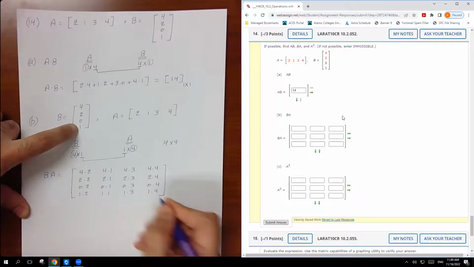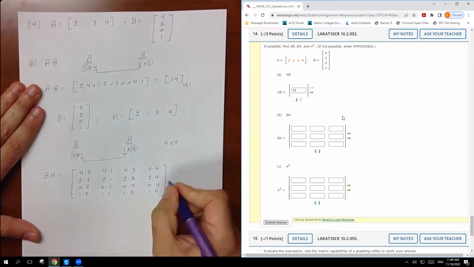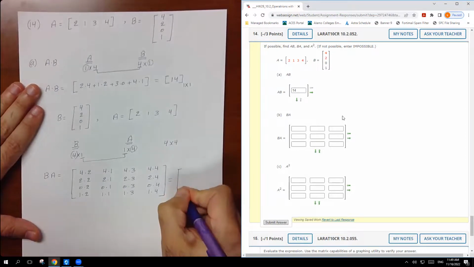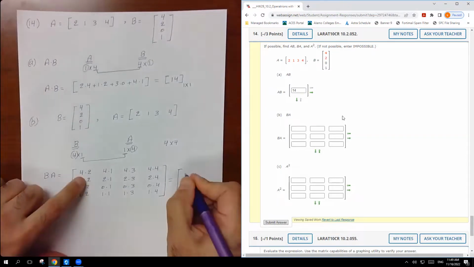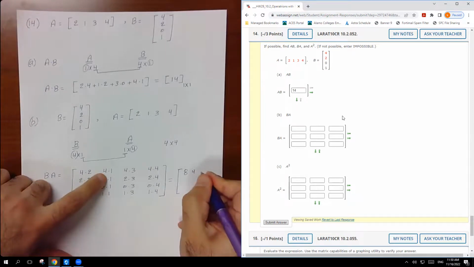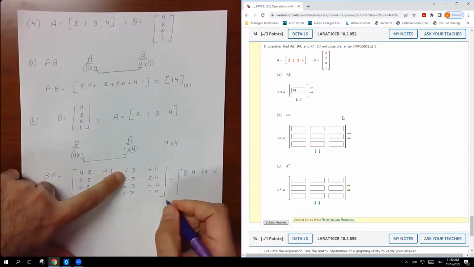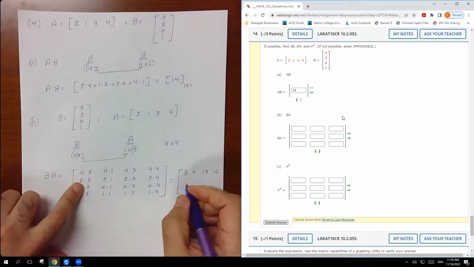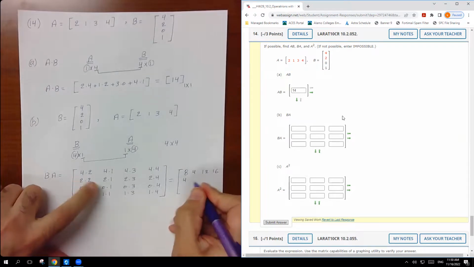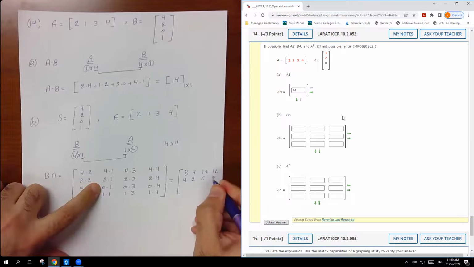So our new matrix is going to be 8, 4, 12, 16. And the second one is going to be 4, 2, 6, and 8.